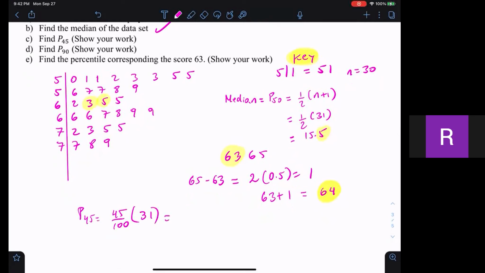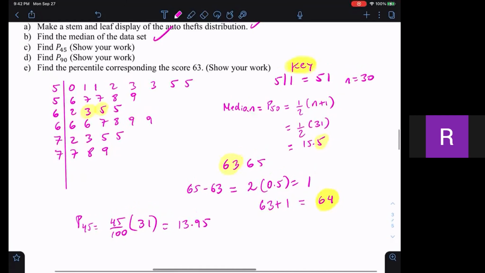So it's 0.45 times 31, and you get 13.95. They said find P45, the 45th percentile, so you need to find that value. Okay, so that should be here, somewhere in P45. Let me see, I think I did it already, so I don't need to redo it.